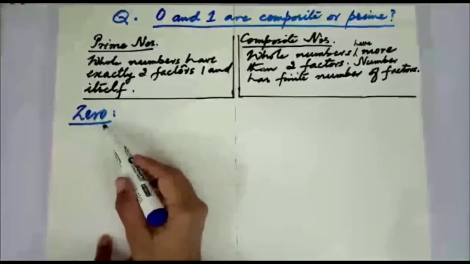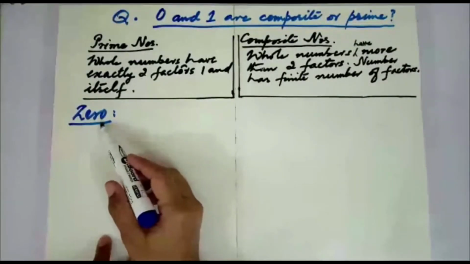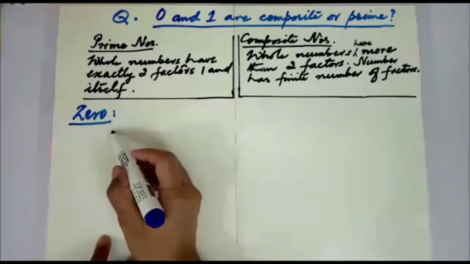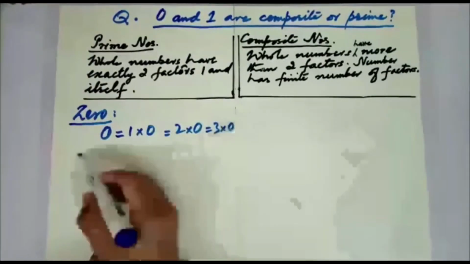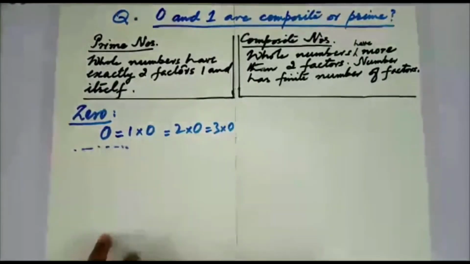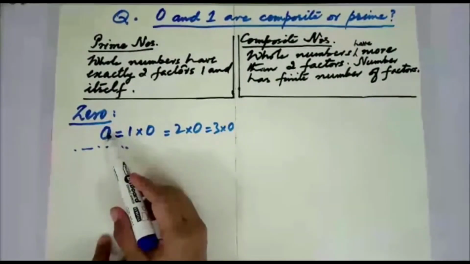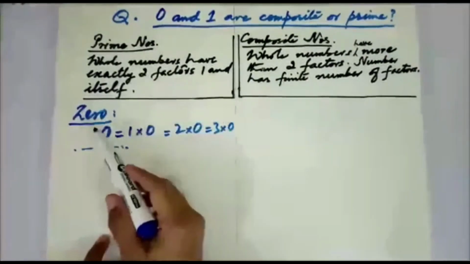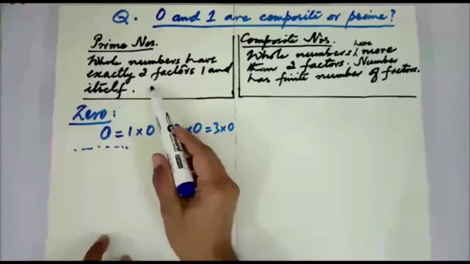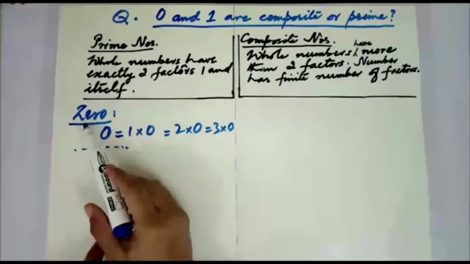First, we will discuss 0. If we divide 0 by 1, 2 multiplied by 0, 3 multiplied by 0, and so on, you can say that there are infinitely many factors or divisors of 0. But prime numbers must have only 2 factors. So 0 would not be a prime number.